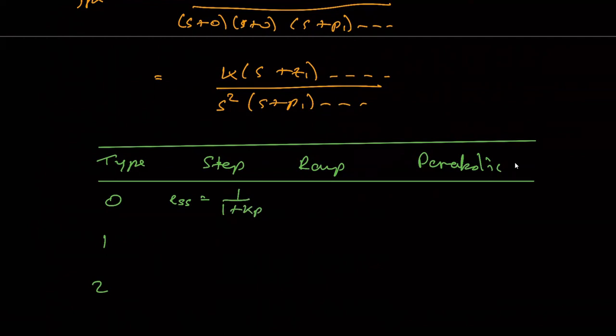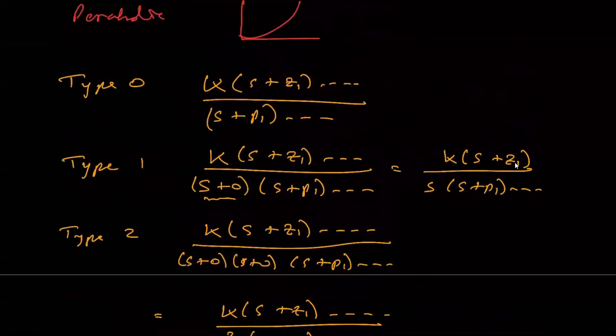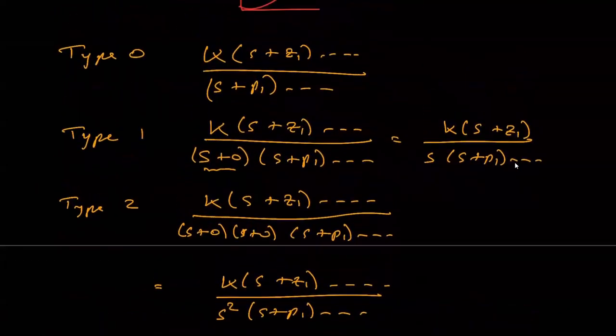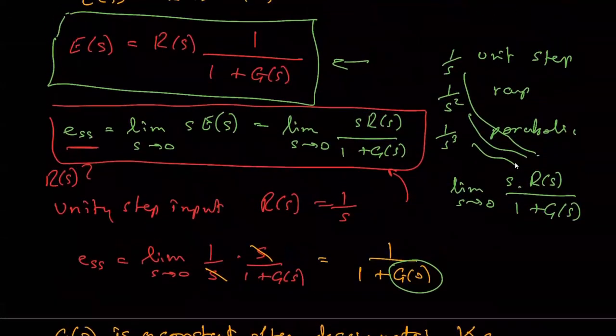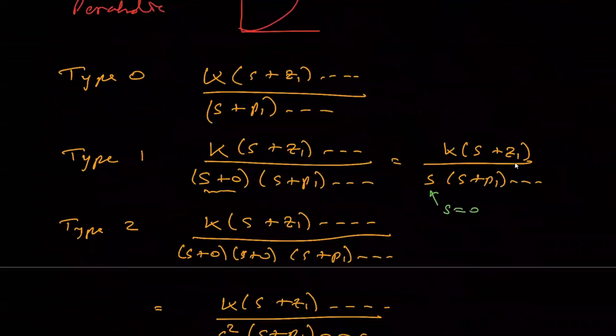Now, for a ramp, if you take this S to 0 when you compute the limit, you end up with a 0 in the denominator, and something divided by 0 is essentially infinity.